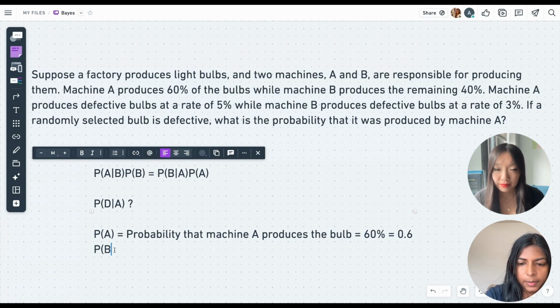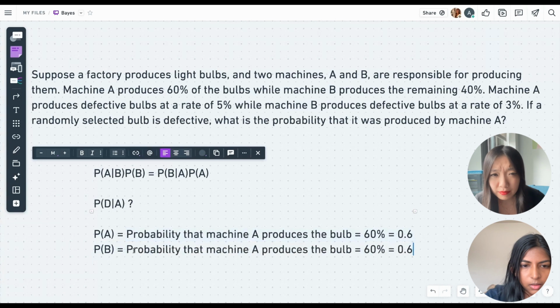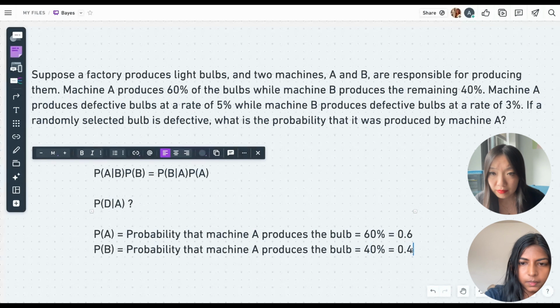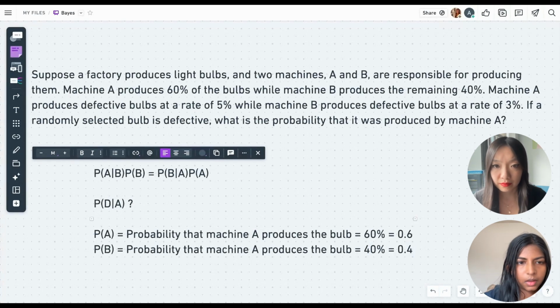Then P(B) is essentially 1 minus this probability. So that is 40%. And that would be B, right? The probability that machine B produces the bulb.